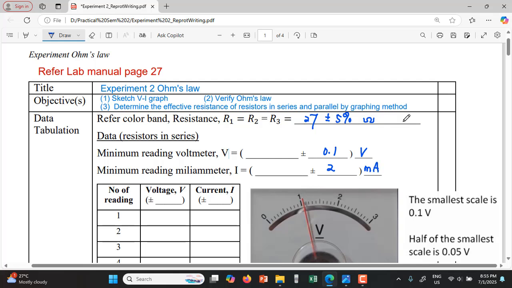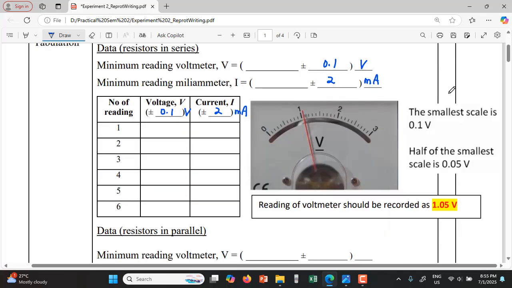So you should write the uncertainty for voltage is 0.1 volt and the current is 2 milliampere. So if you take the smallest division on your voltmeter and milliammeter as your uncertainties, then your reading for voltage should be recorded up to 1 decimal place only, and there will be no decimal places for the current recorded.